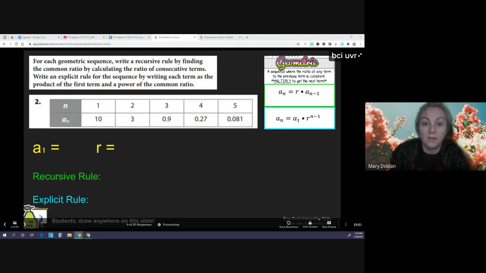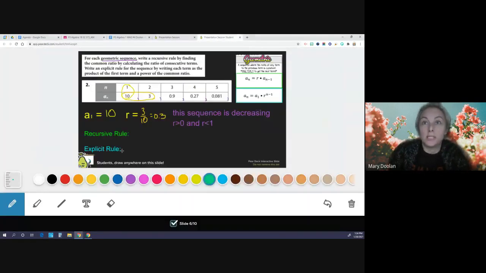All right. So I'll go back to my screen here. We're going to write a recursive rule and an explicit rule. For the recursive rule, there are two things that are always true, even though it doesn't say it here. You have to say what a sub 1 is, and you also have to say that this is true for n greater than or equal to 2.